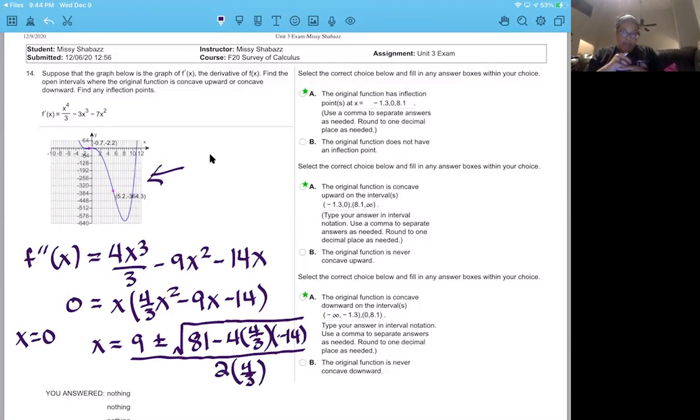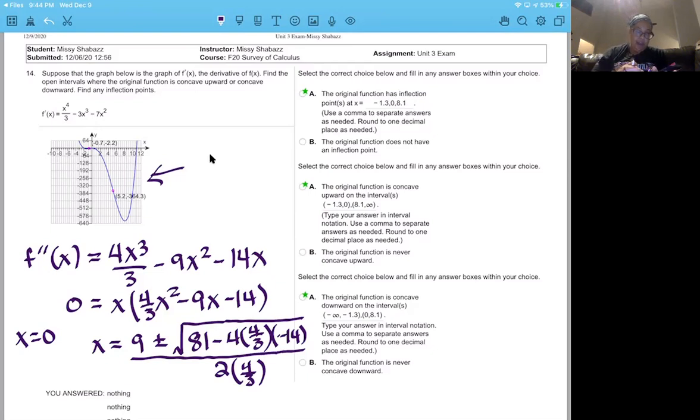So let's see what we get here. So I have an 81. I have two negatives, so I'm going to say plus 4 times 14 times 4 divided by 3. Pretty ugly number.